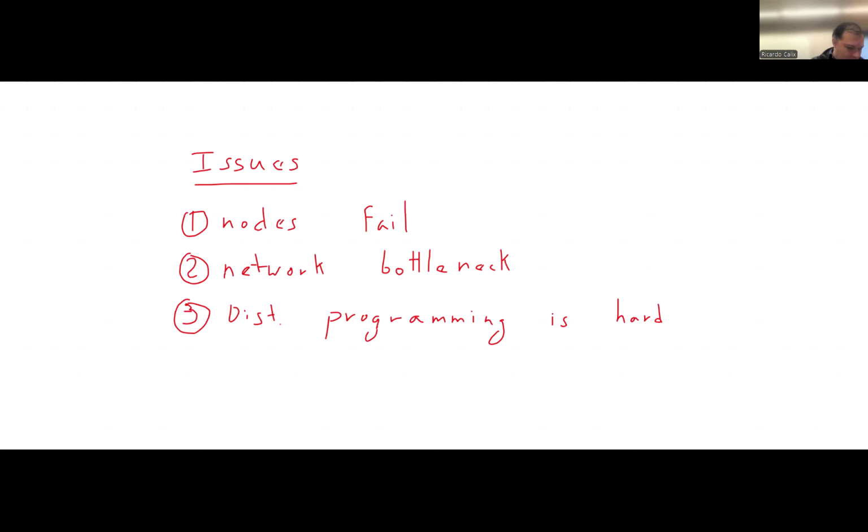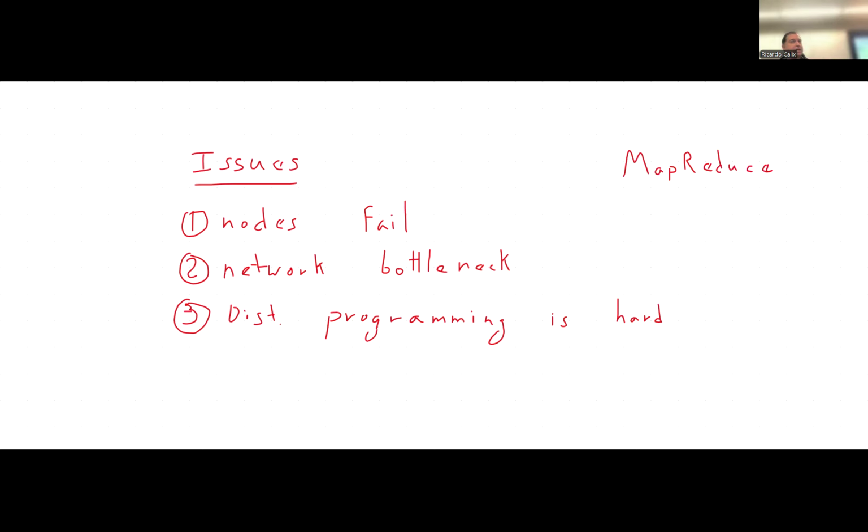So very smart people invented this idea, this philosophy called MapReduce, which addresses all three. And then other people decided, okay, let's implement this, and they implemented the Hadoop framework in Java.